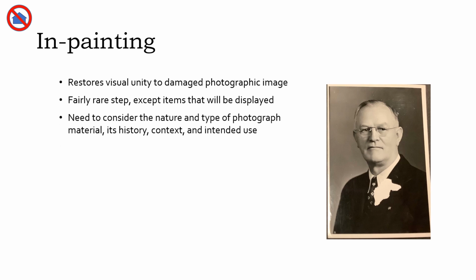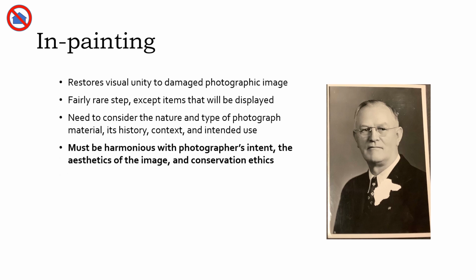When deciding whether to inpaint losses or not, conservators consider many factors, including the photographic process used, the materials and their condition, the image's history and context, and its intended use. Any loss compensation done has to be harmonious with the original photograph and conservation ethics.